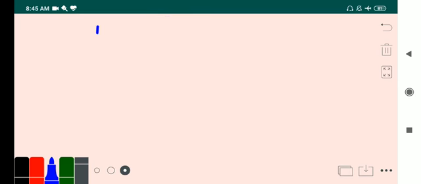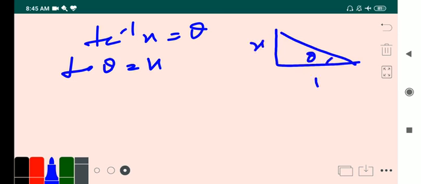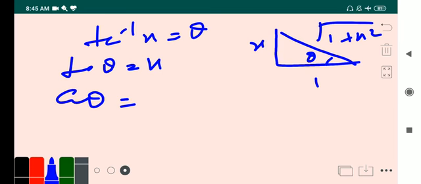Suppose I say tan inverse x equal to theta, so we can say tan theta equal to x. In the same way we can apply this to the triangle, so x upon 1 and under root 1 plus x square. What is the value of cos theta? Cos theta is base upon hypotenuse, so we have 1 upon under root 1 plus x square.